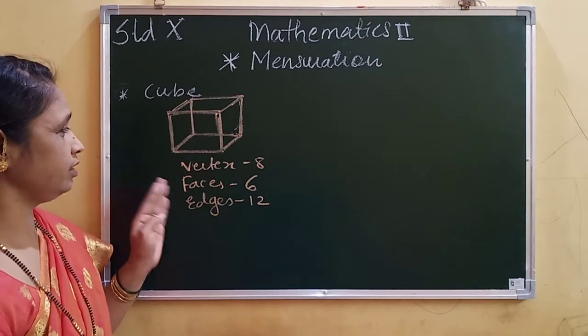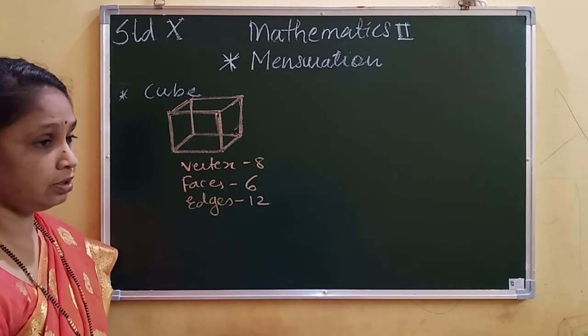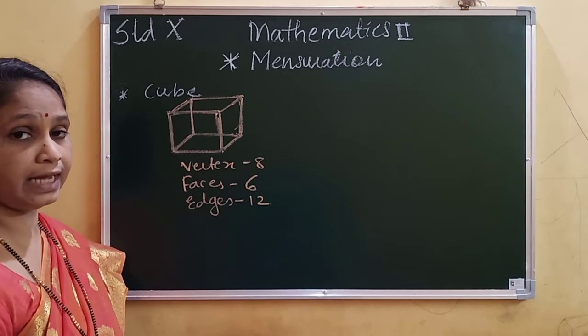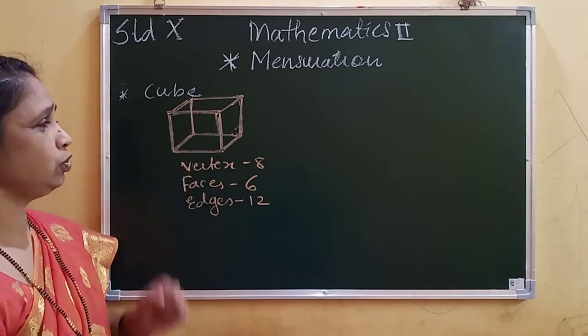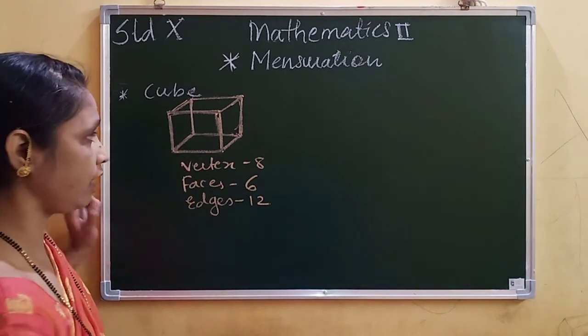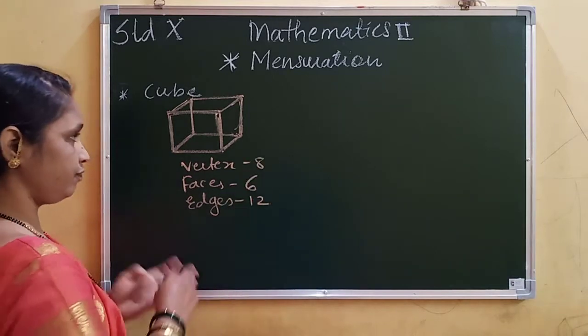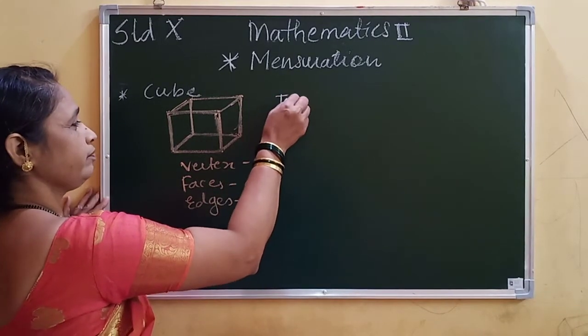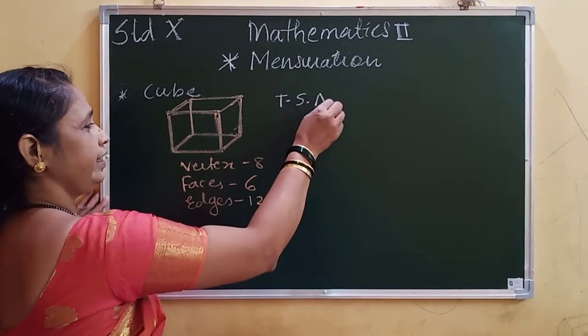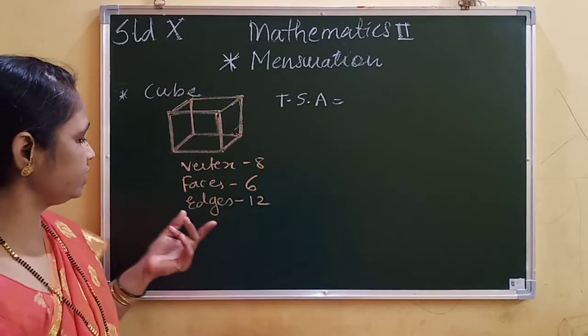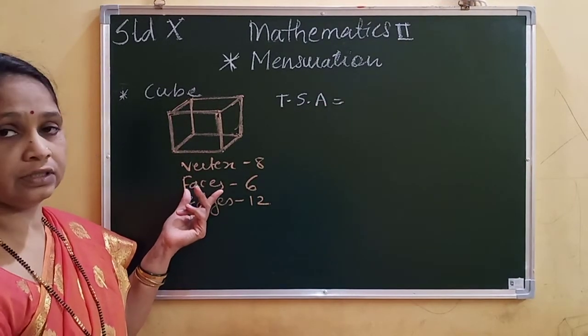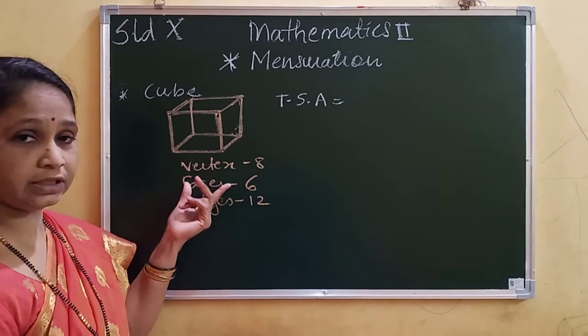Now here, we have to find the total surface area of this cube. How many surfaces do we have here? 6 faces.